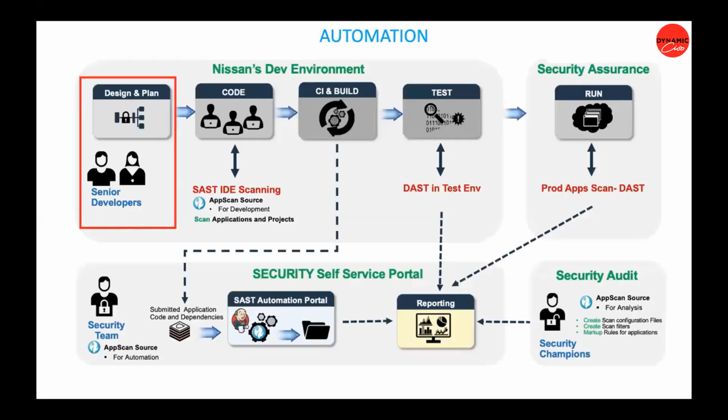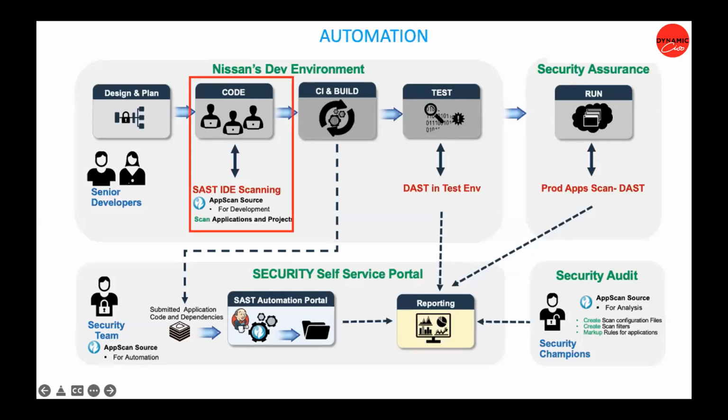Now, I've just put one example. In Nissan, we had automated the entire code part, SAST and DAST. Developers decide what code is to be written. The moment the code is written, the SAST IDE scanning is done and it's completely automated, right?